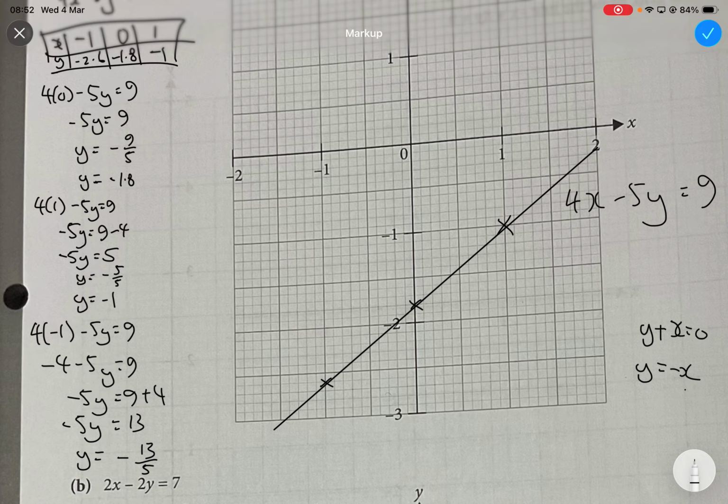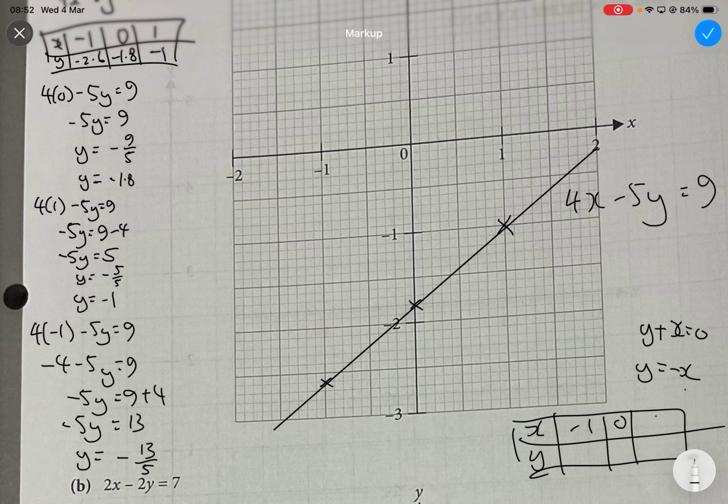Or same, you can draw your table also. X, Y, 0, 1, 1, 0. Y plus x equals to 0. You can straight away draw your table also can.